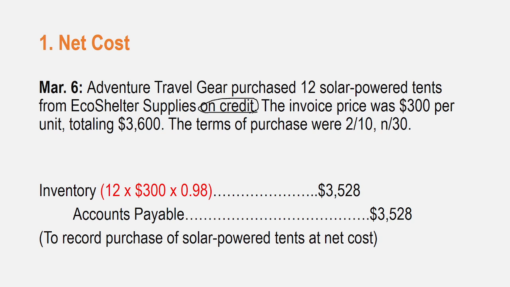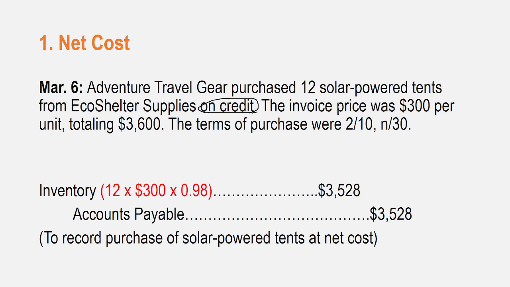The invoice price was $300 per unit, totaling $3,600. However, they were offered a discount of 2% if they paid within 10 days. Otherwise, the total amount is due in 30 days.